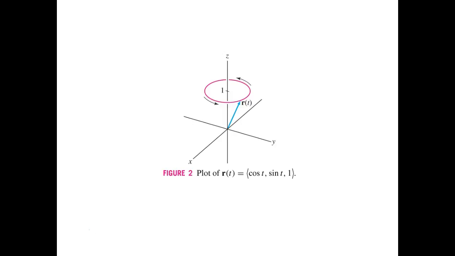Whereas the z is 1 and only 1, it stays 1, so you're up there at that horizontal trace where z is equal to 1. Okay? Now, the path is looking down from above, rotating counterclockwise.